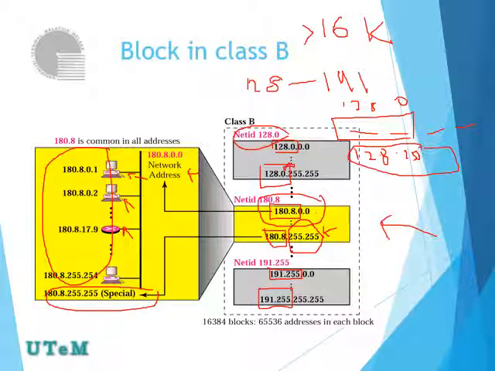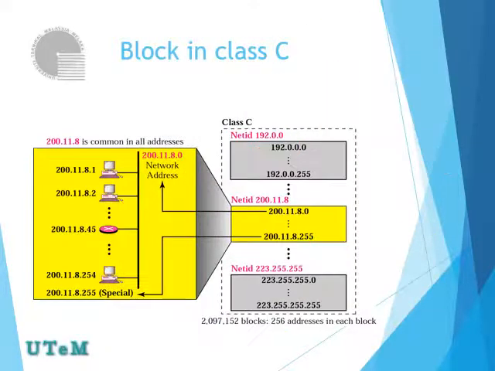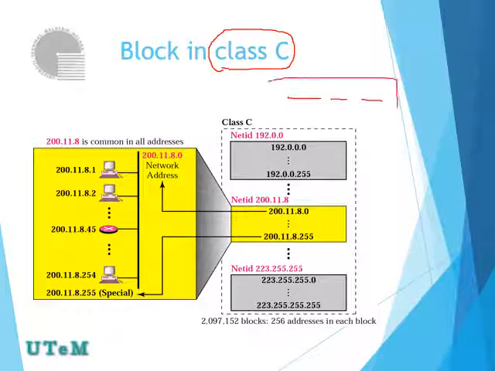So here, the number of blocks in total is 16,000. Each block contains 65,000 addresses. It's huge. Class C is the smallest block size, because the first three octets in class C represent net, and the last octet represents host.